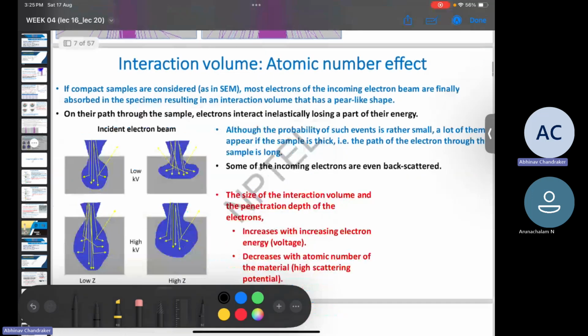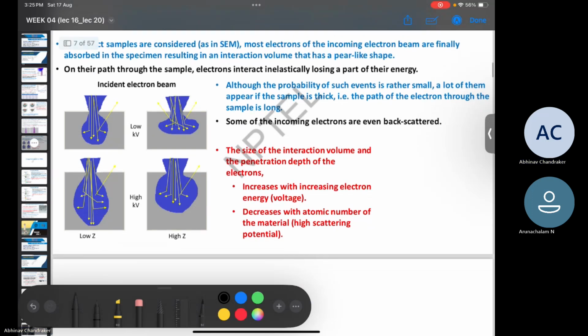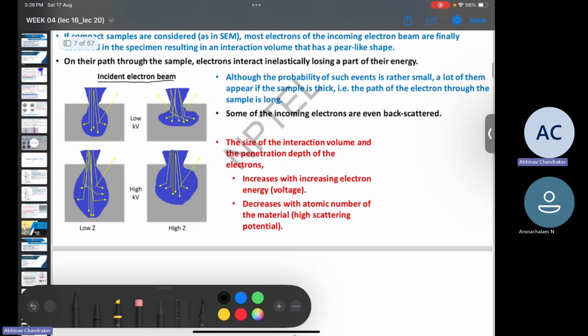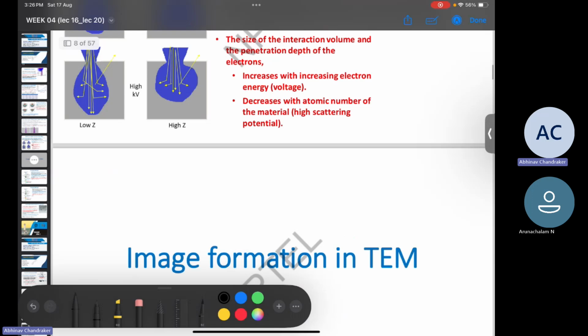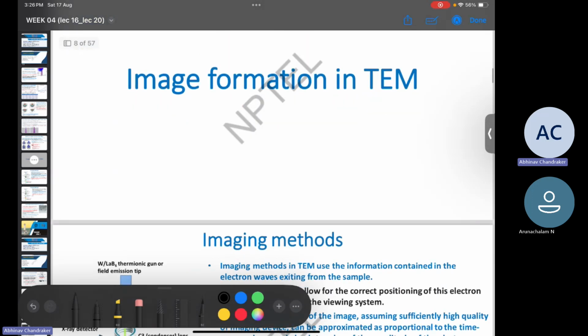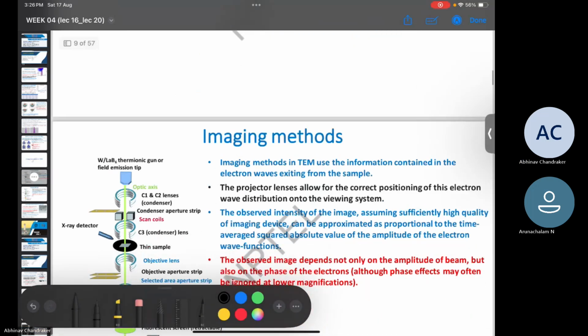So by this logic, we can understand that increasing atomic number will lead to more scattering. And I think the effect of incident electron beam energy on the interaction volume is understandable. As the kinetic energy increases, the interaction volume will increase, because the penetration of electrons into the material will be higher. It will take more scattering events for the electron to lose its energy.